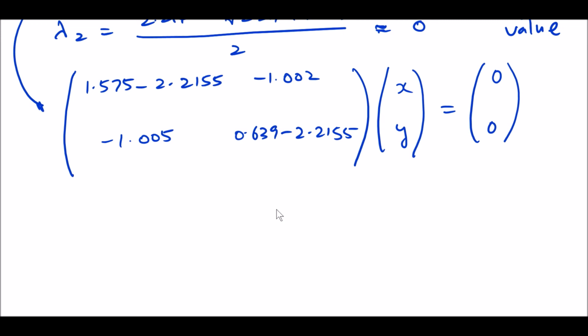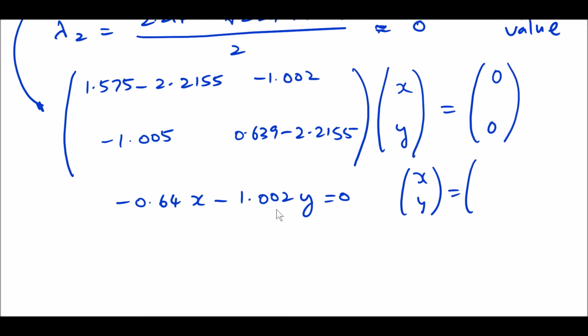which will give us minus 0.64x minus 1.002y. Whether you use row 1 or row 2, you should get the same relation between x and y. So simplified, x and y have the relation minus 1.5661.